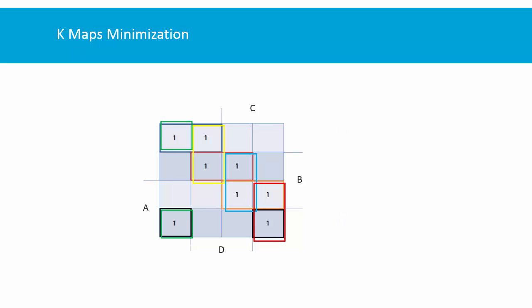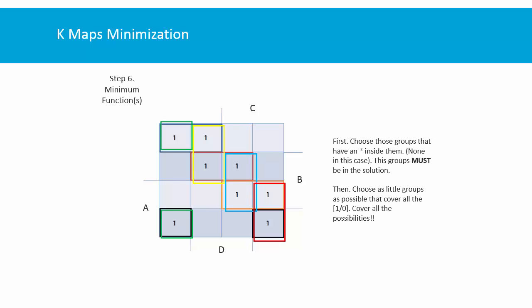Now, even if we have 8 different groups and 8 different functions, step 6 says find the minimum function or the minimum functions, because sometimes we can have different functions that are both the minimum. So first, we need to choose those groups that have an asterisk inside them. In our case, we don't have any one with an asterisk. Then we need to choose as few groups as possible that cover all the remaining ones or zeros, and we need to cover all the possibilities.